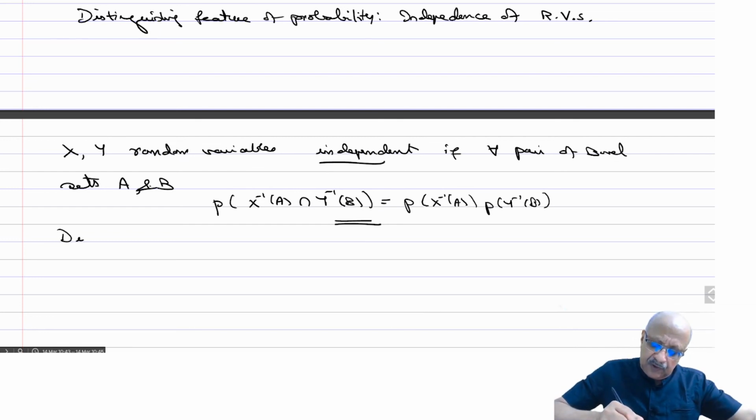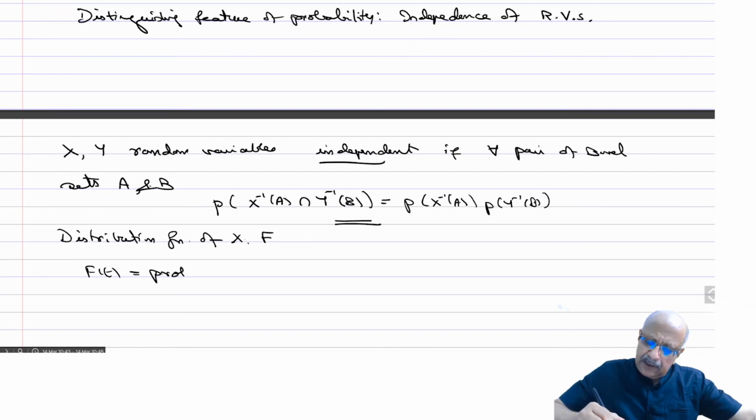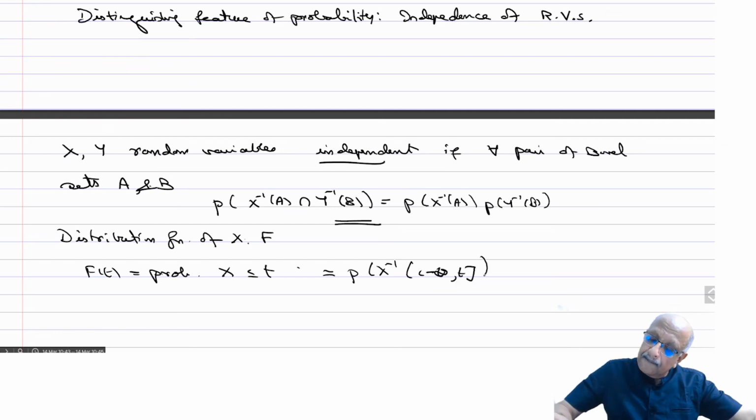Similarly, the distribution function of a random variable X: F of t equals the probability that X is less than or equal to t, that is P of X inverse of (minus infinity, t]. Okay.